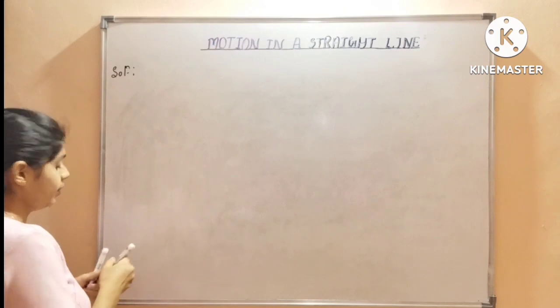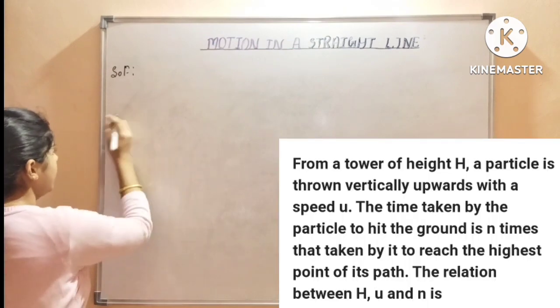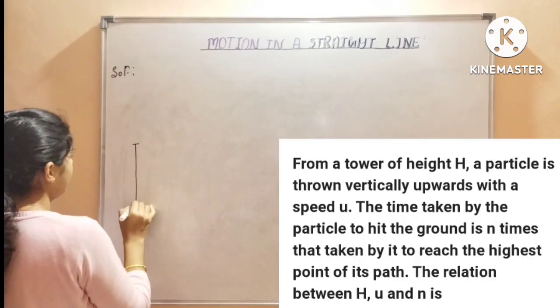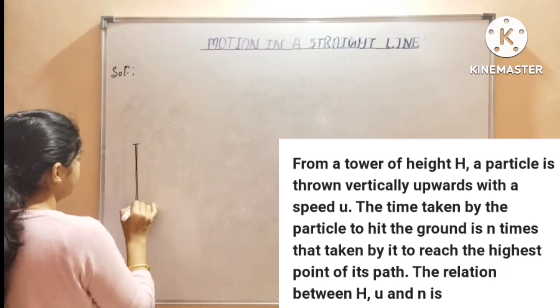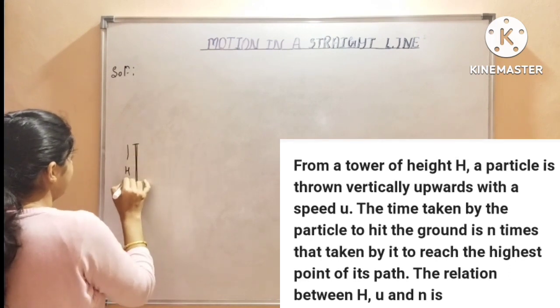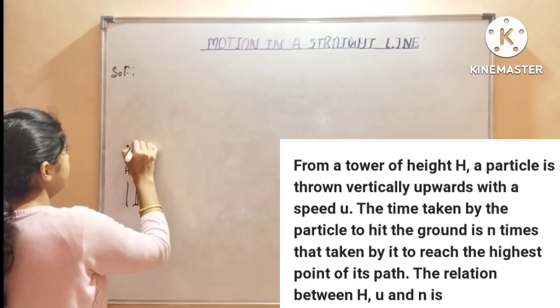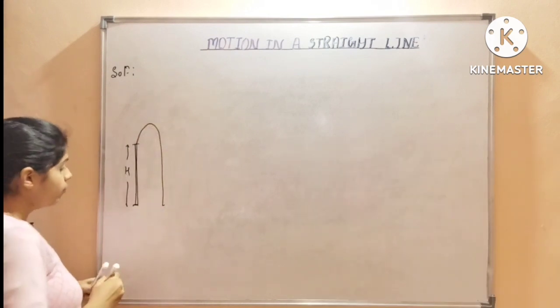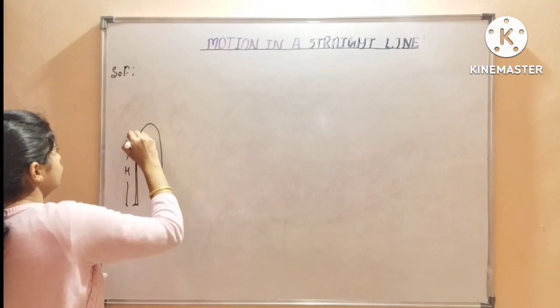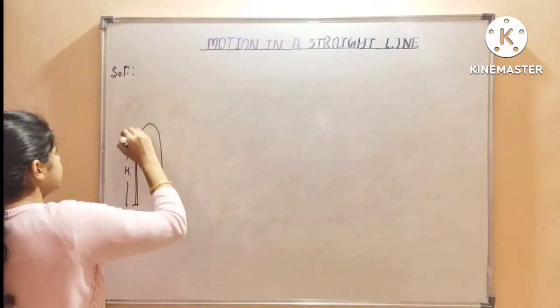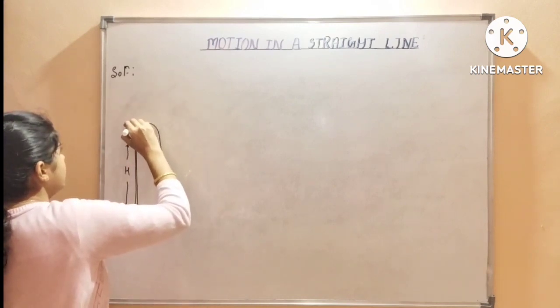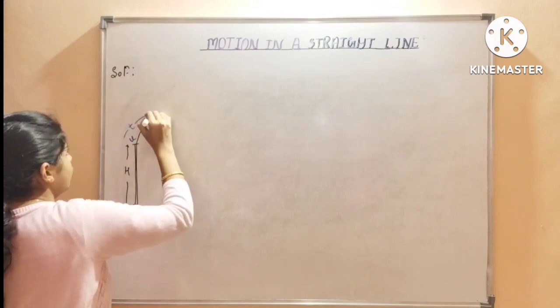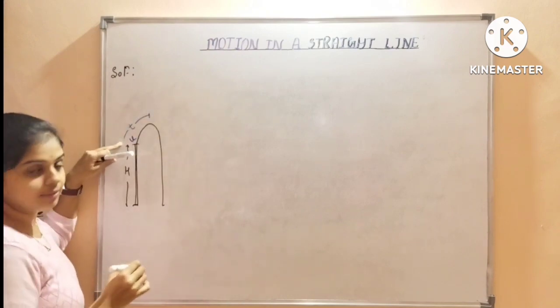Solution. In the question, they have given that a particle is thrown upward from the tower of height h. The height of the tower is h. A particle is thrown in upward direction from the top of the tower with initial velocity u. Now let us consider the time taken by the particle to reach the highest point or maximum height be t.